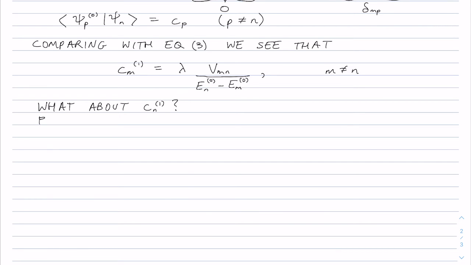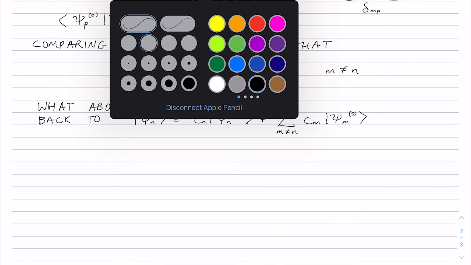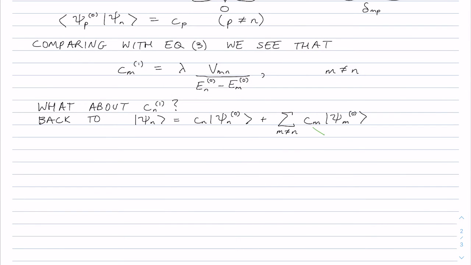If we go back to psi n equal to Cn psi n 0 plus the sum over m not equal to n of Cm psi m 0, we know that this term is order lambda because we've just written it one line above.